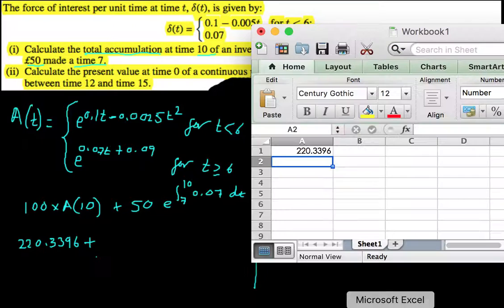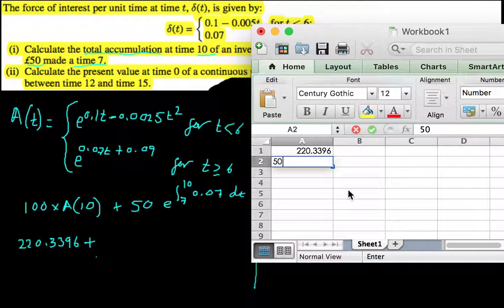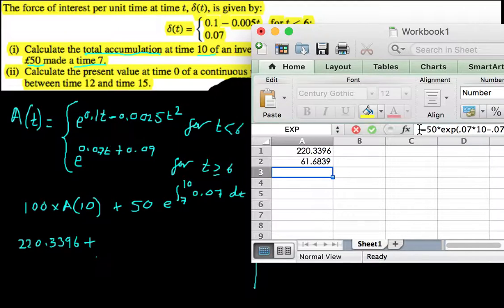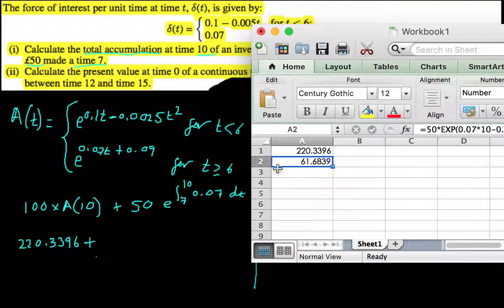In fact we could do this in one step on Excel: 50 multiplied by the exponential of 0.07 multiplied by 10, so when t is 10, minus 0.07 multiplied by 7. I forgot to put in the equal sign. Here we go, 61.6839.